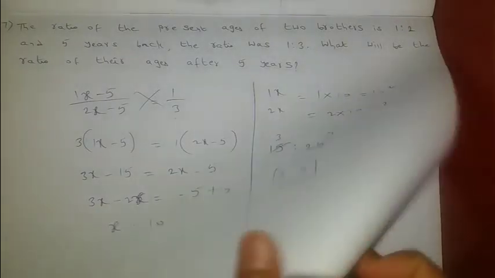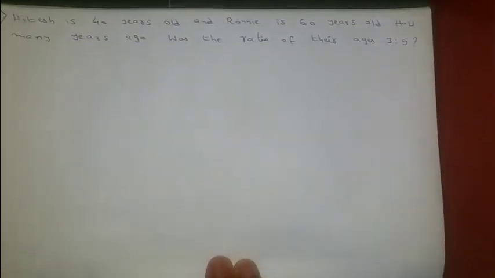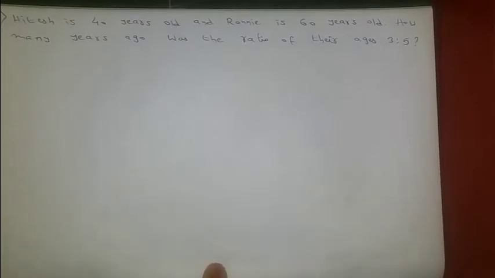Okay, let's move to next question. Hitesh is 40 years old and Roni is 60 years old. How many years ago the ratio of their ages is 3:5?